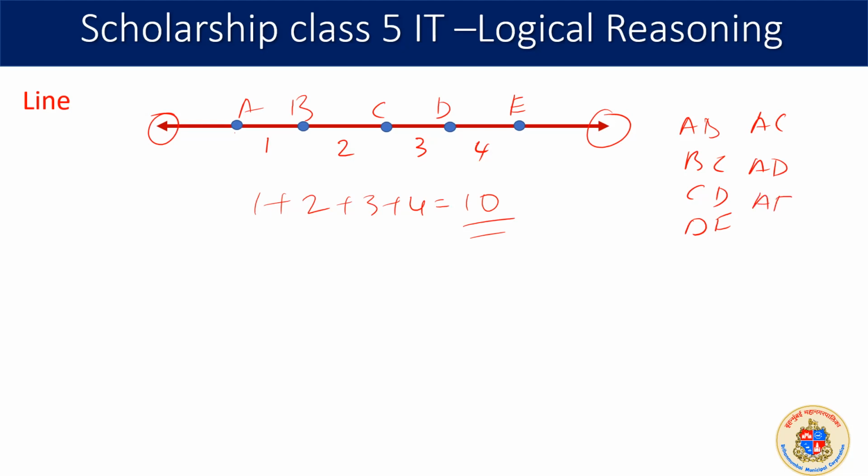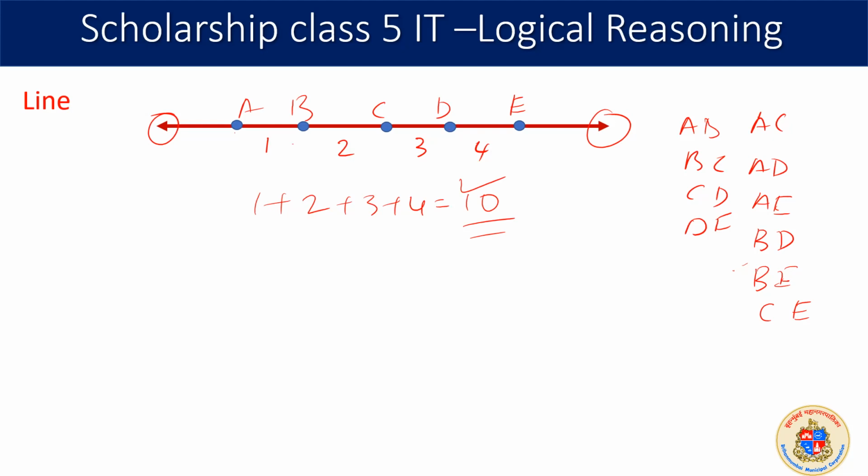Then starting from B, AB is already written, BC is already written, BD is not written, but there is no time to write like this and get the answer. So this kind of technique will help us. BE is written, and take C: BC is written, CD is also written, AC is also written, CE is not written, so I write that.